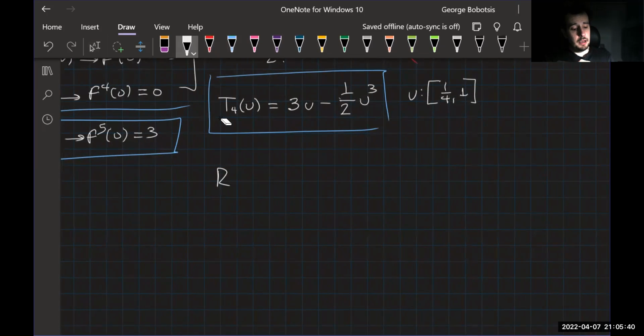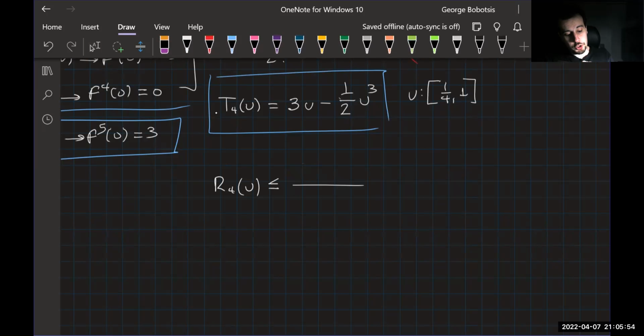So now I'm going to go into Taylor's inequality and say, okay, R4 of u needs to be right now smaller than or equal. All right, here comes the m value, which is, remember, the fifth derivative here now, evaluated at some z, which is going to maximize this quantity.